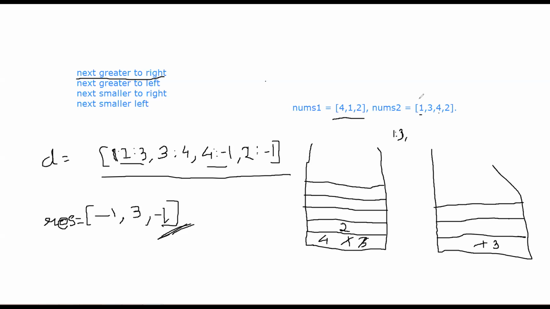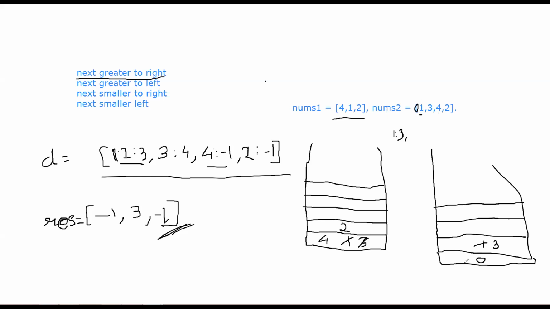So if there was 10 here, there would have been 10 also in the stack. We would have compared the top of the stack, and because it's less than 3, we would have popped that. At the same time, we run a loop for popping out. So we'll pop out 1.